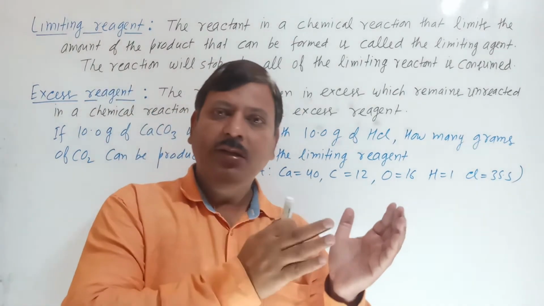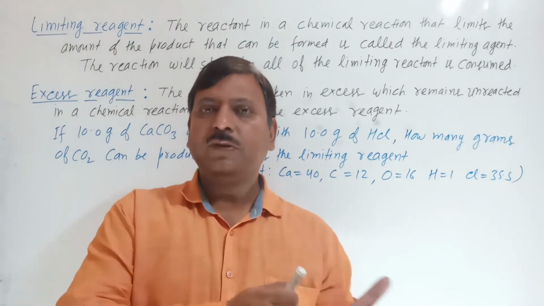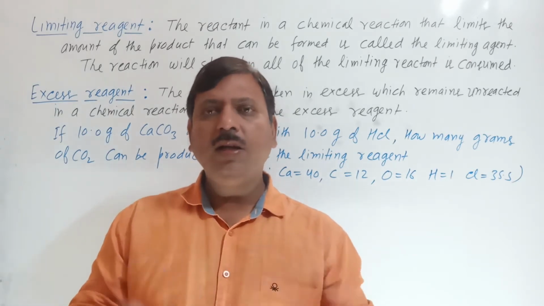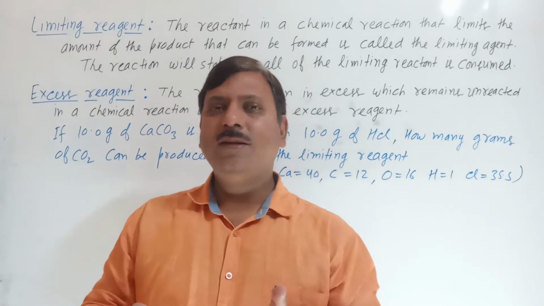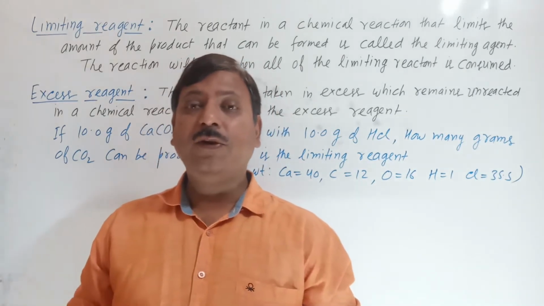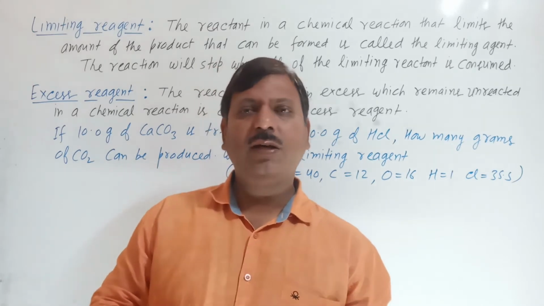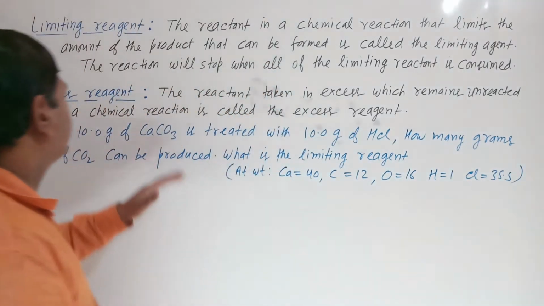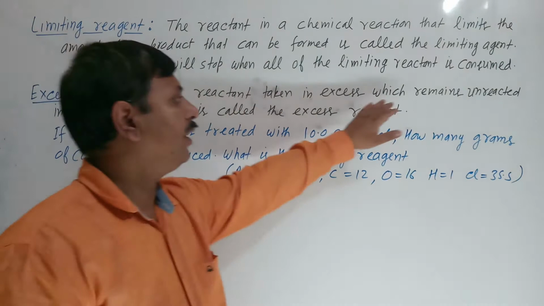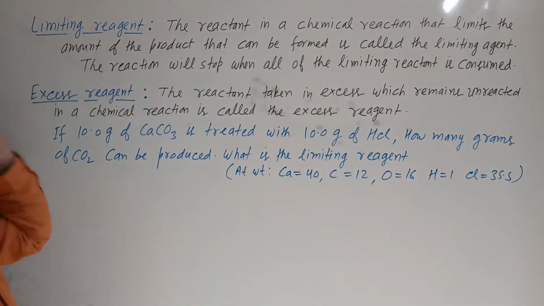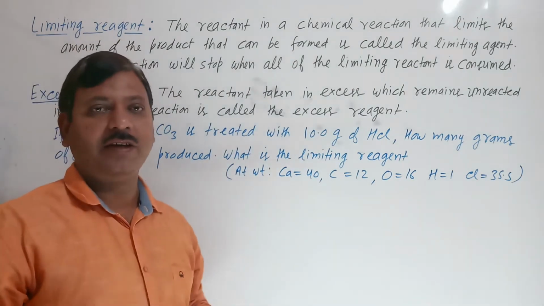Limiting reagents are those elements or compounds which are consumed fully. And the others, which are not consumed fully, ठीक है, which remain unconsumed, are excess reagents. The reactants taken in excess which remain unreacted in a chemical reaction are called excess reagent.